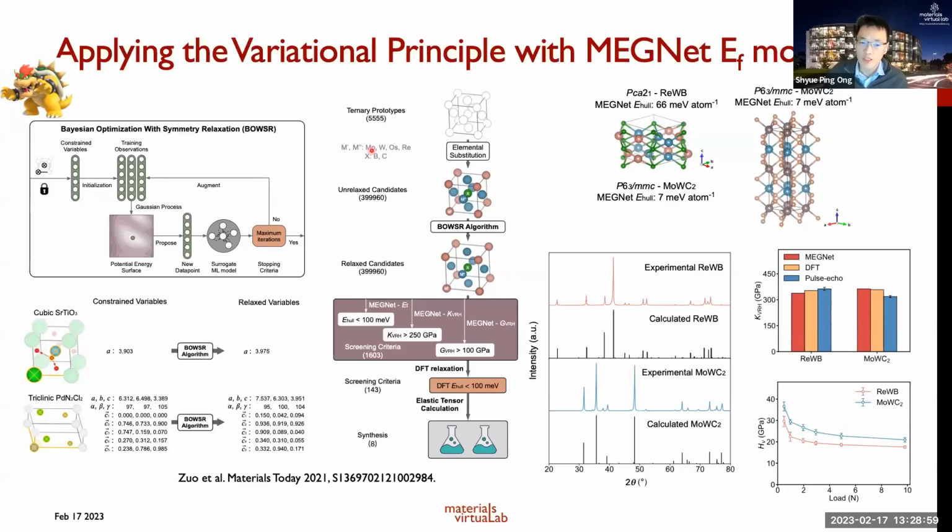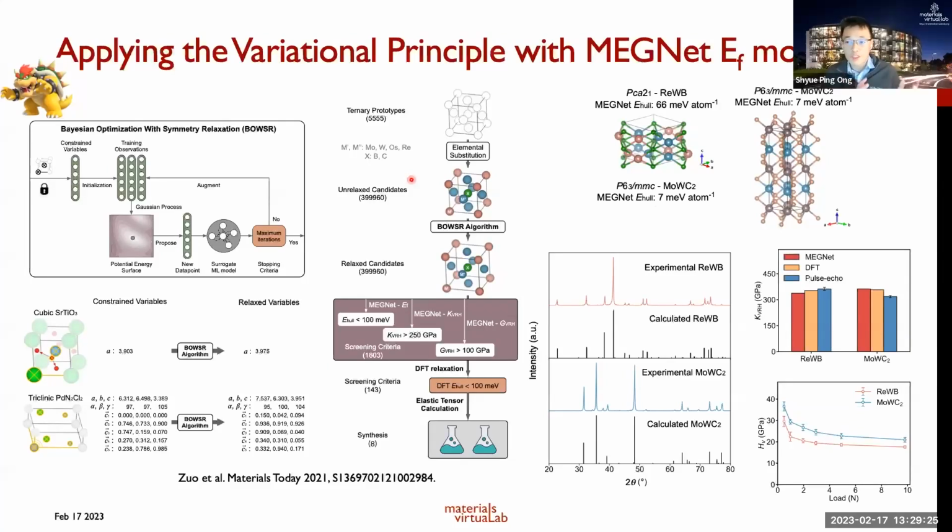So we substitute things like molybdenum, tungsten, osmium, and rhenium, as well as boron and carbon into the 5,000 structural prototypes. And we generated about 400,000 unrelaxed crystal candidates, right? So 400,000, as you know, is not something you want to do with DFT, right? So you can't run DFT calculations of 400,000 structures in any reasonable amount of time, right?